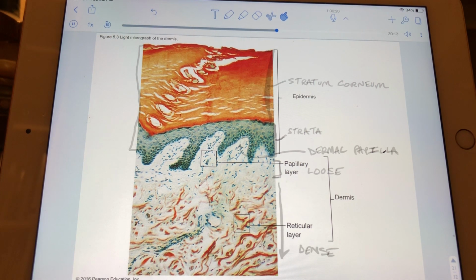So often this layer that's colored this orangish hue, students will identify this as epidermis, and this does belong to epidermis, but this is not the entire epidermis. This is just stratum corneum.